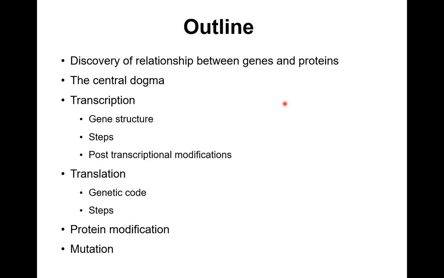Then we talk about transcription, with all the steps, translation, all the steps, and finally we'll talk about how proteins in the end can also be modified after translation is done, and then we'll finish up talking about how mutation can ultimately affect the structure of proteins.